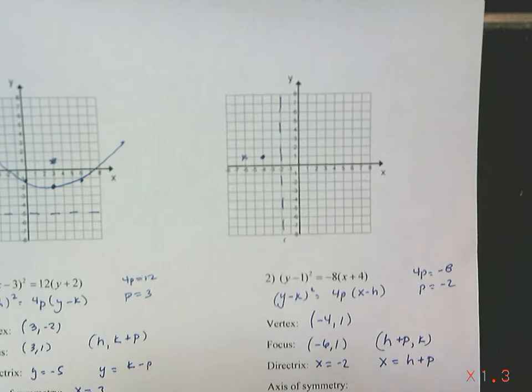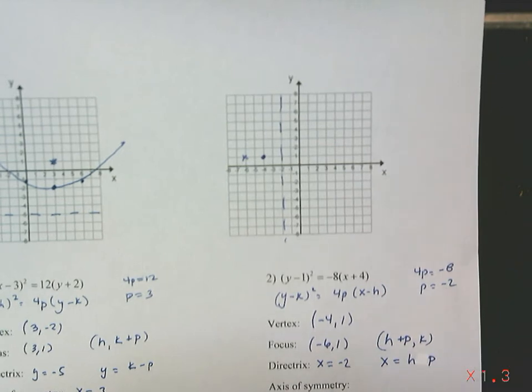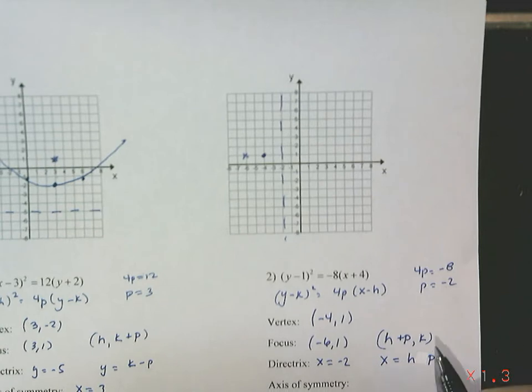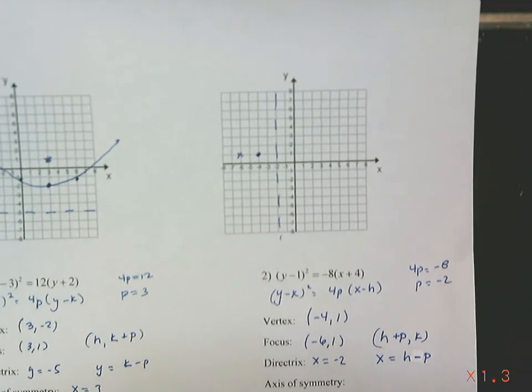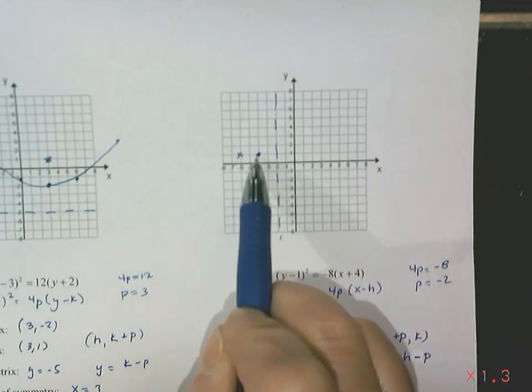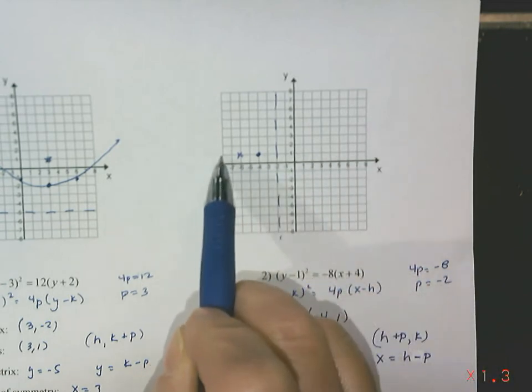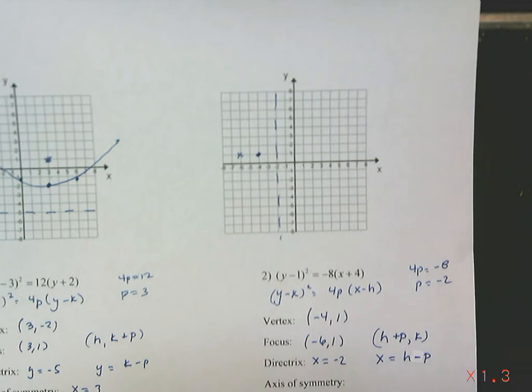Excuse me, h minus p. Let me make that correction. So negative 4 minus negative 2. And my axis of symmetry is this horizontal line that goes right through the vertex. So it's going to be y = 1.